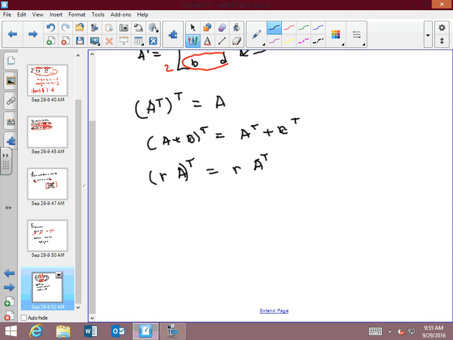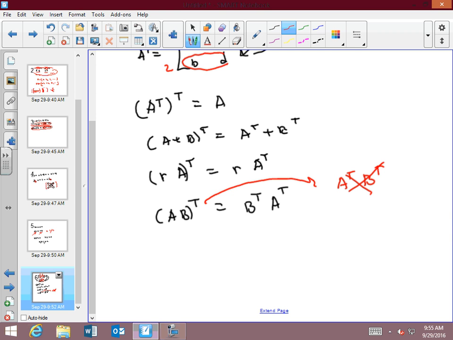What's not intuitive here is this next one. (AB) transpose equals B transpose A transpose. We would like to say this is A transpose B transpose, but it's not the case.